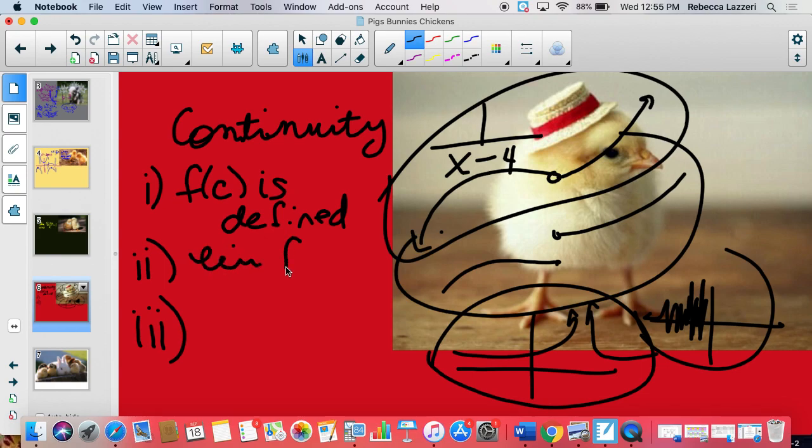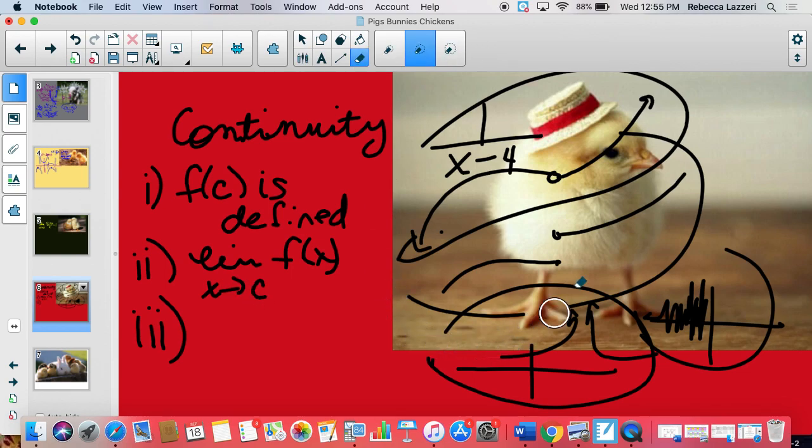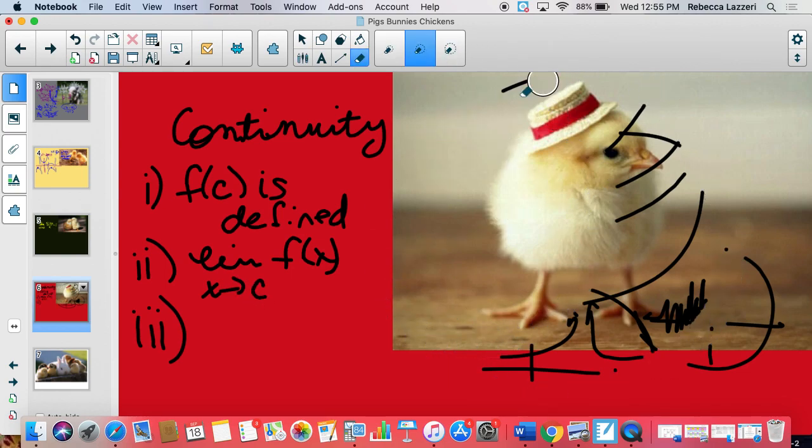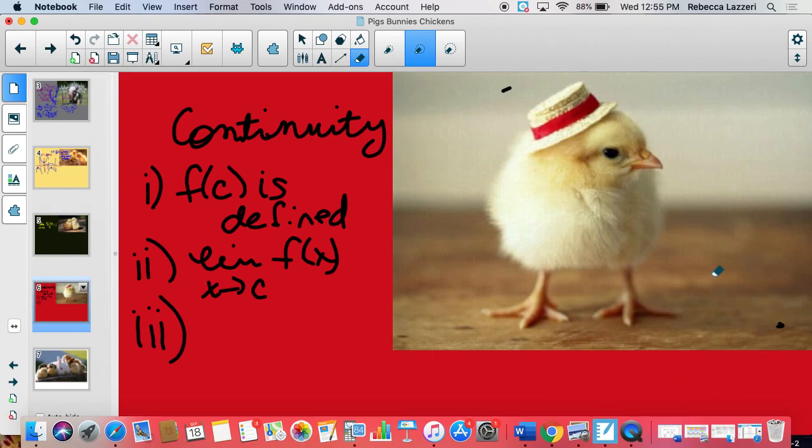Then the limit of f of x as x approaches c has to exist. Sorry, I know it bothers you. It used to bother me when teachers would leave little spots on the board. This has to exist.